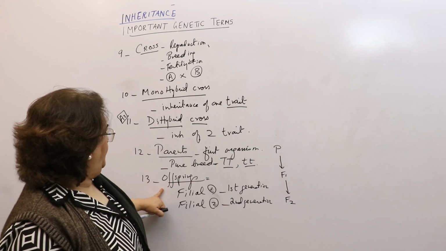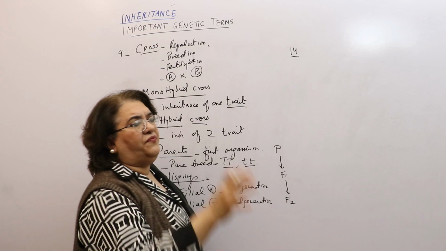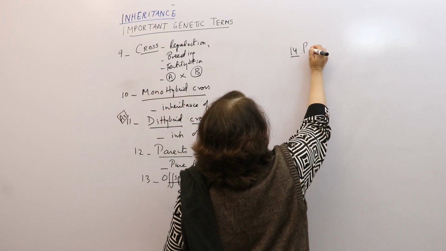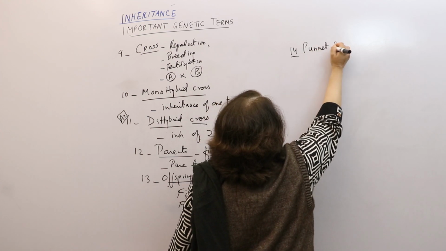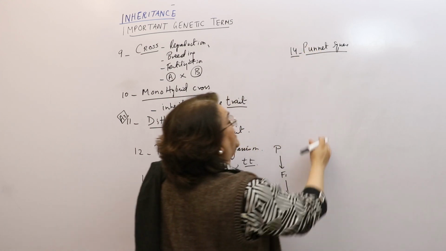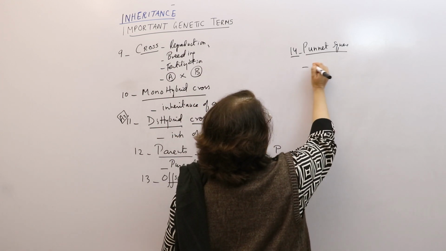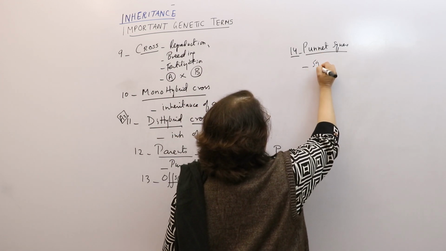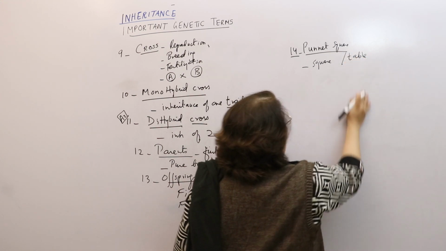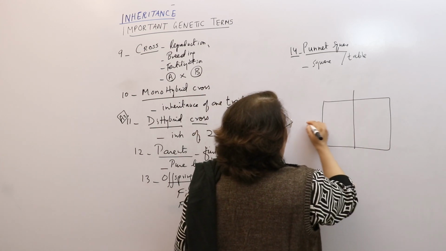Now, moving on, a genetic cross is shown with the flow diagram chart that we make to show the probability, which is termed the Punnett square. Punnett was a scientist working in genetics, and he devised a way of putting the information in a square or table form, with columns and rows.